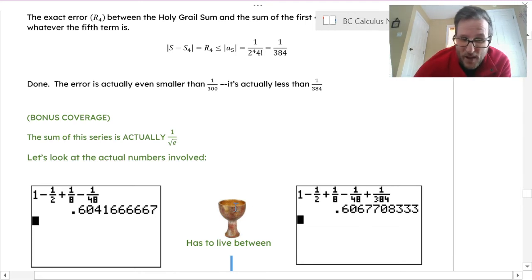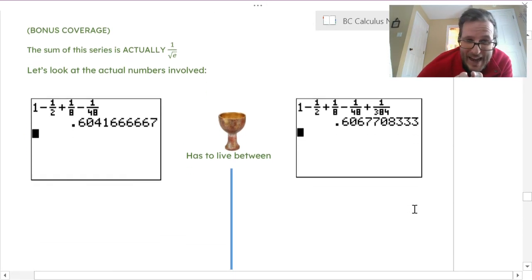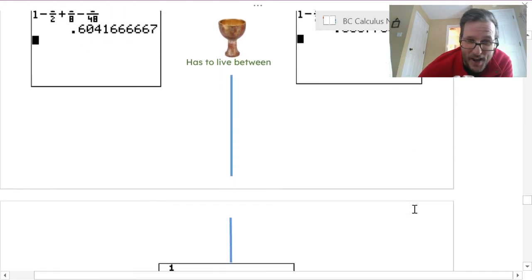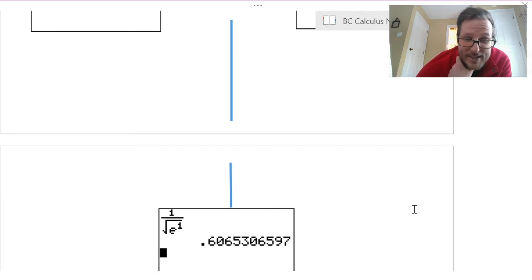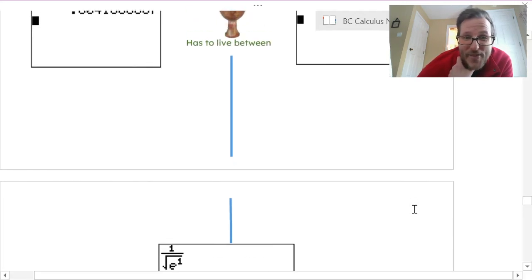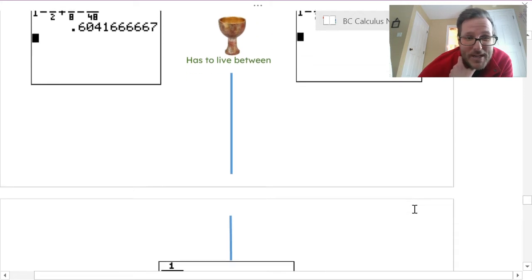So this Grail sum has to live in between 0.6041 and 0.6067. That's a pretty small window. Well, check it out. 1 over the square root of e is 0.6065. That is in between those 2 approximations.